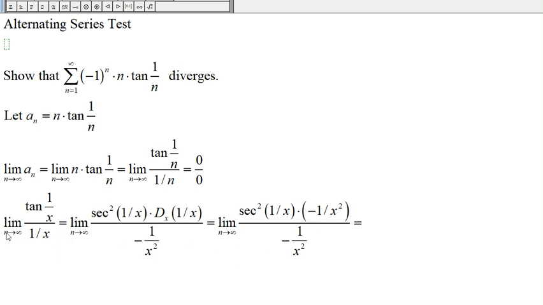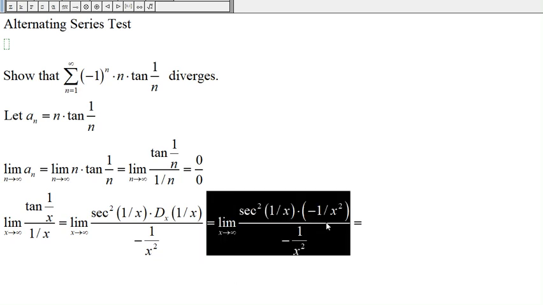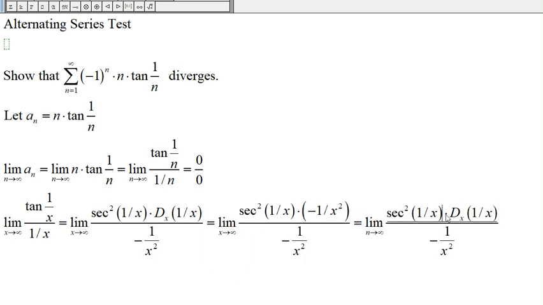The negative 1 over x squared will drop out, this negative 1 over x squared and this negative 1 over x squared. So what's left is just secant squared of 1 over x.